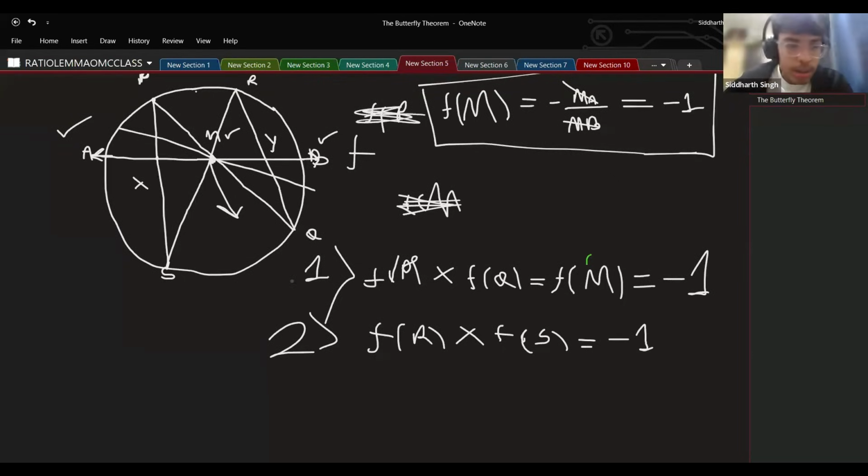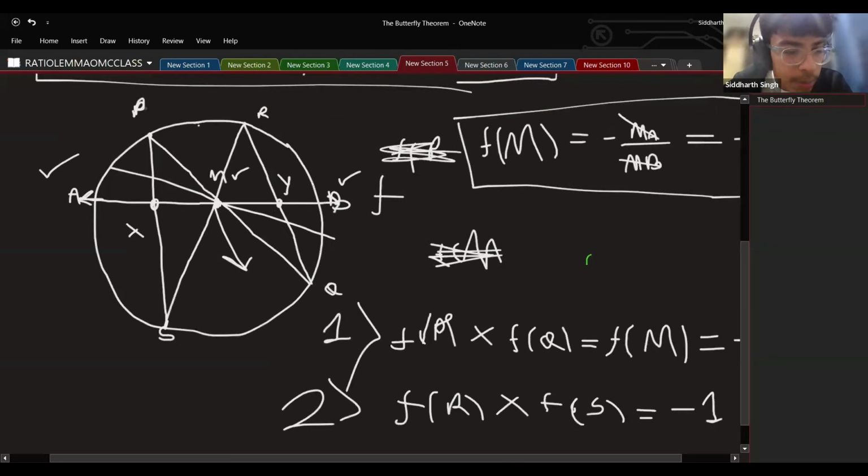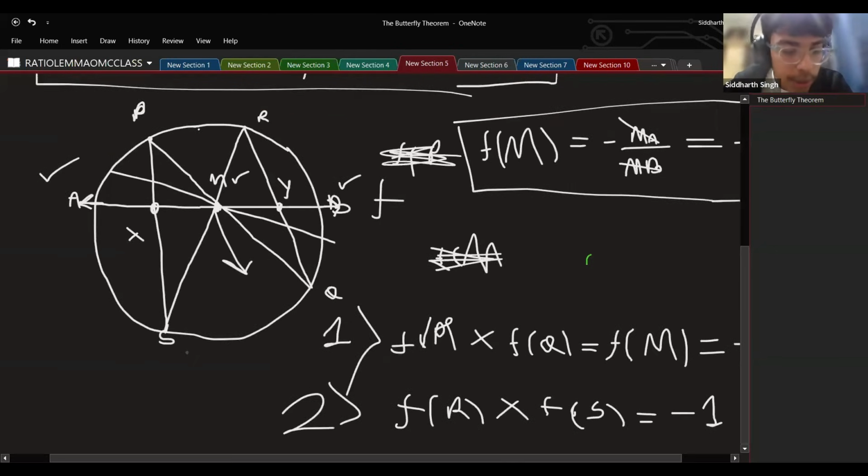Okay, cool. Now, which other points have we not found the ratio function of? The answer would be x and y. But notice finding x and y is also trivial because we already know p, we already know s, so we can find x in terms of p and s.